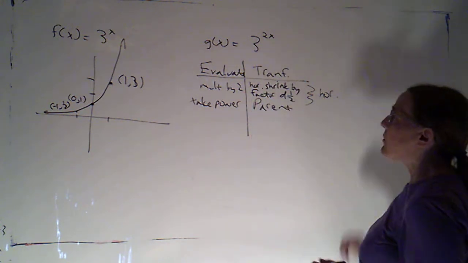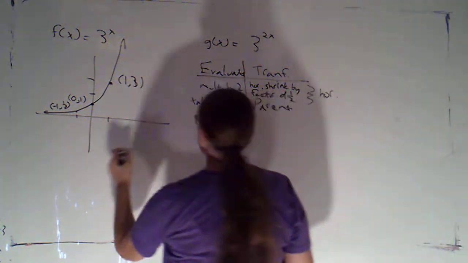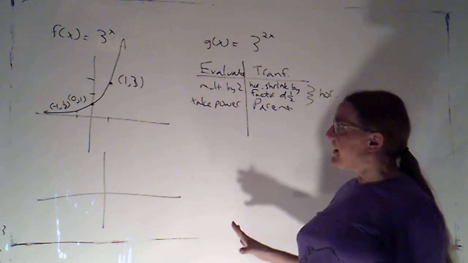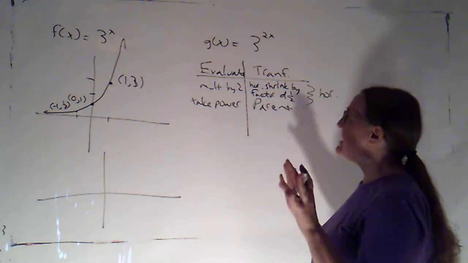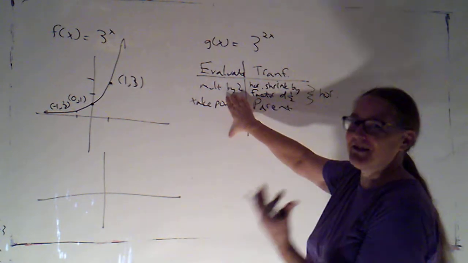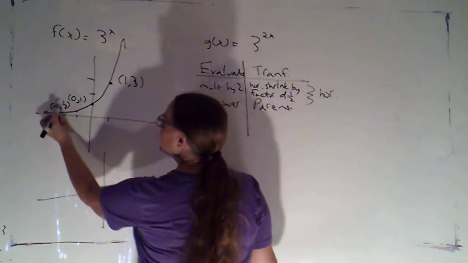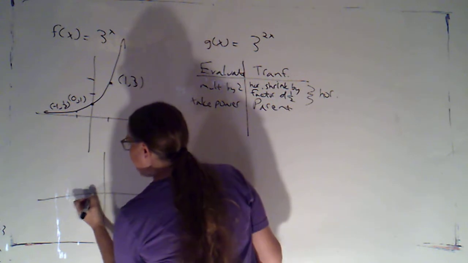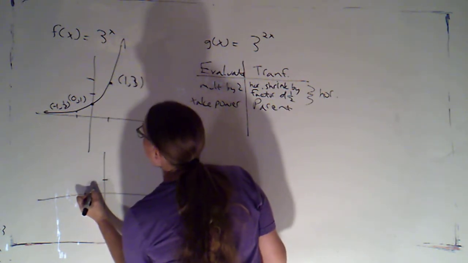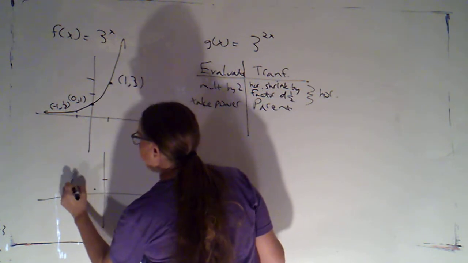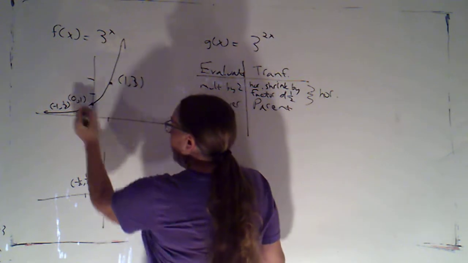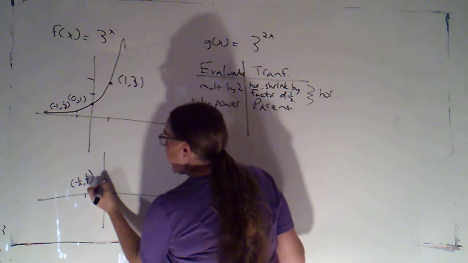Okay, so if I were to sketch that, let me just sketch that here. My y values are going to stay the same. The x values, I'm going to do the opposite of multiplying by 2. I'm going to divide by 2. So this x value, instead of being at -1, is now going to be at -1/2. So I would have (-1/2, 1/3). (0, 1) is going to stay at (0, 1).